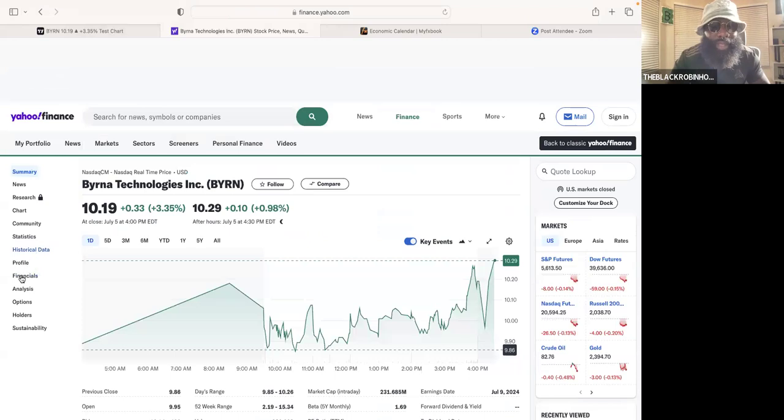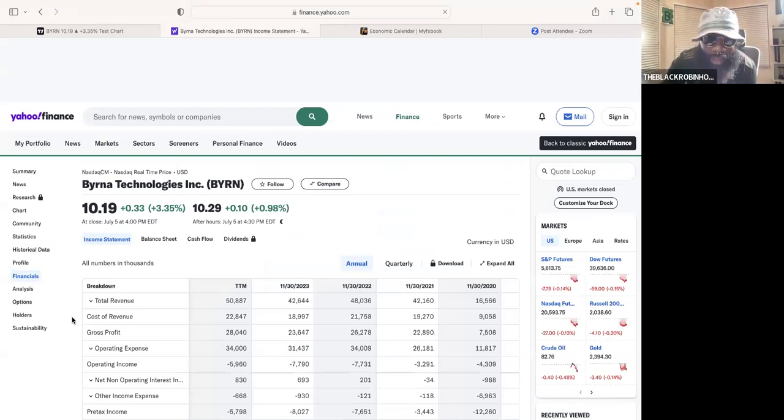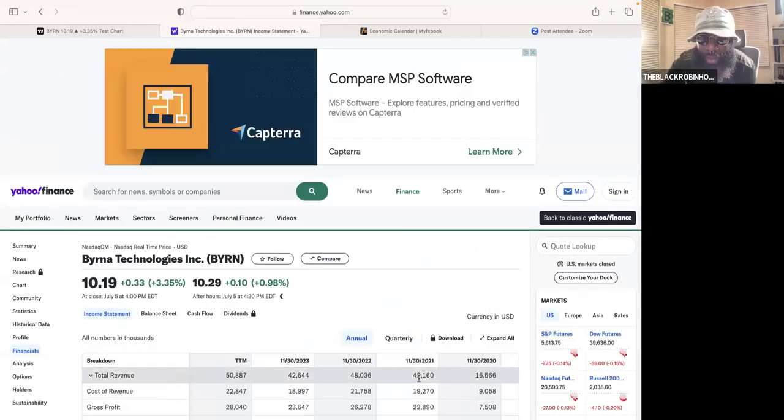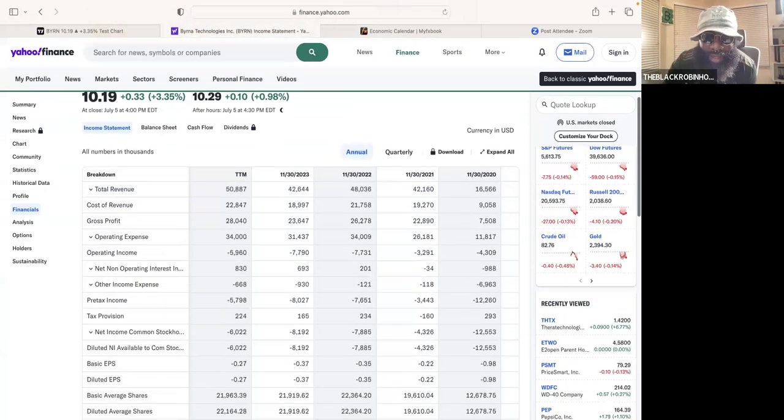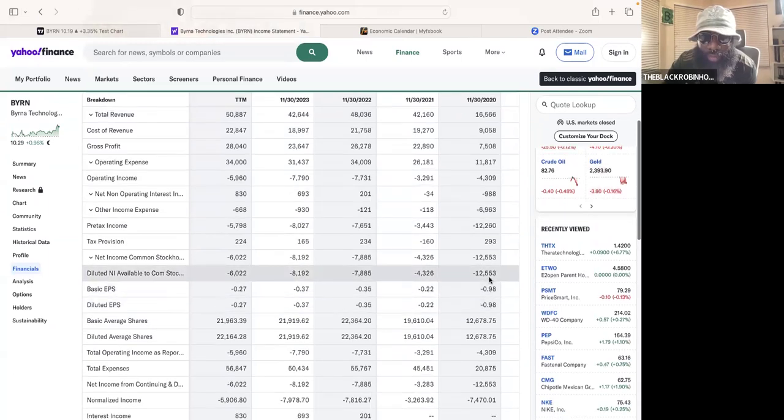Let's see if they're making money or they're losing money. Total revenue 2020, 16 million, 42 million 2021, 48 million in 2022. Then it went down slightly in 2023. Net revenue, they lost 12 million dollars in 2020.